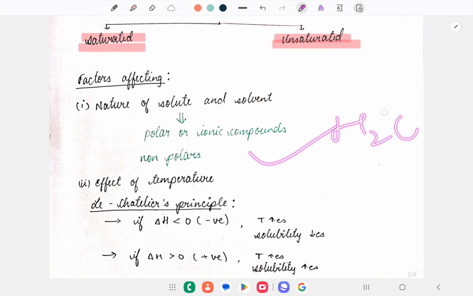Moving to the next factor, that is the effect of temperature. The solubility of a solid in a liquid is significantly affected by temperature. Let us consider a saturated solution, which represents the equilibrium between the dissolved and undissolved solute.